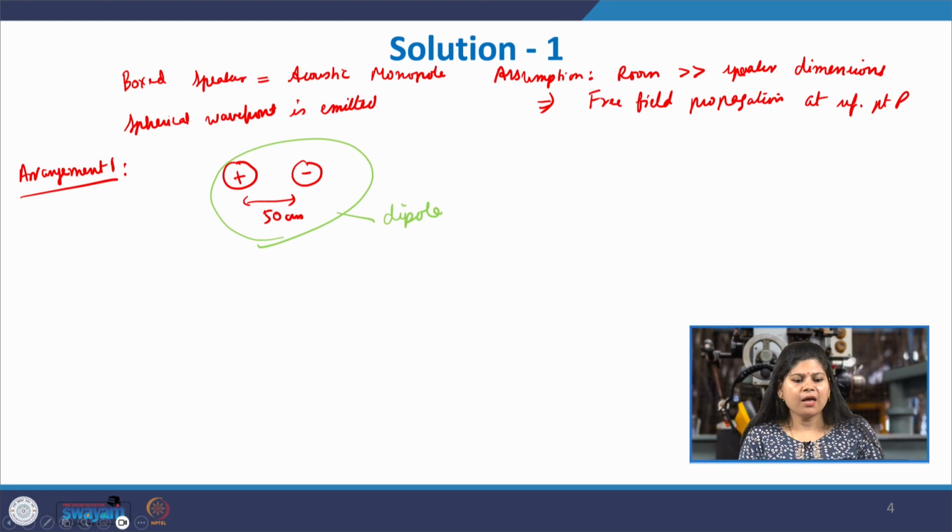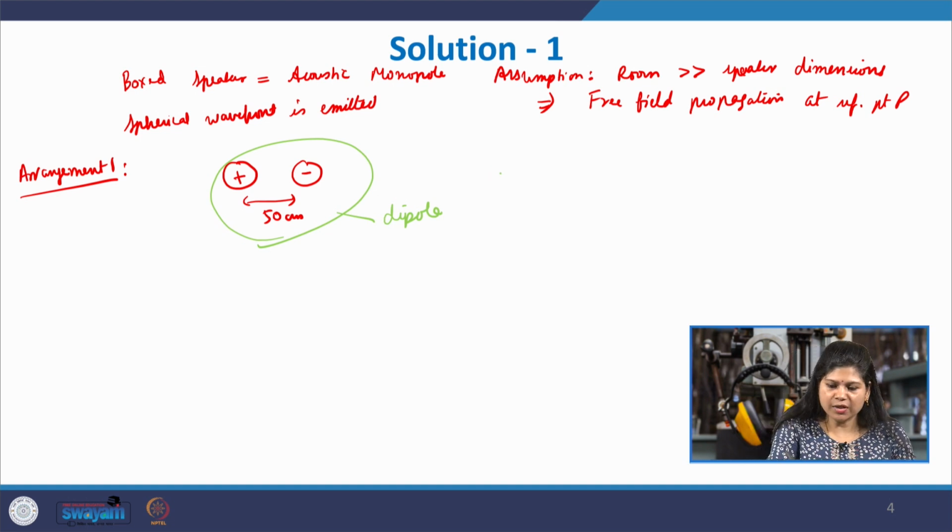In that case, obviously, if you have studied the previous lectures, the radiation efficiency of a dipole is less compared to a monopole. So, probably the acoustic pressure should go down. The same speaker should not radiate as efficiently as in the case of a single speaker when they are in antiphase. So, let us see what that would be.